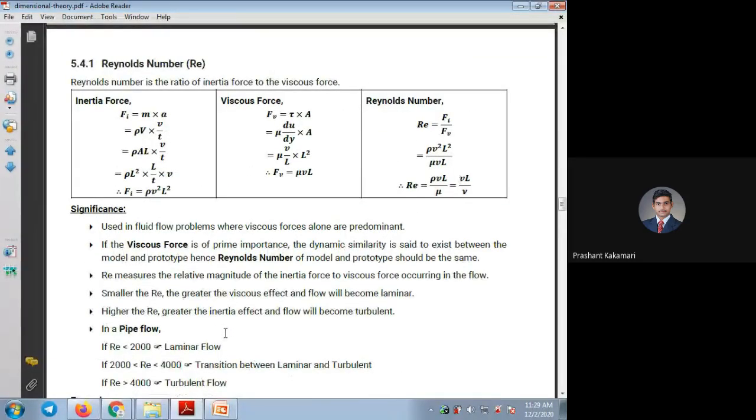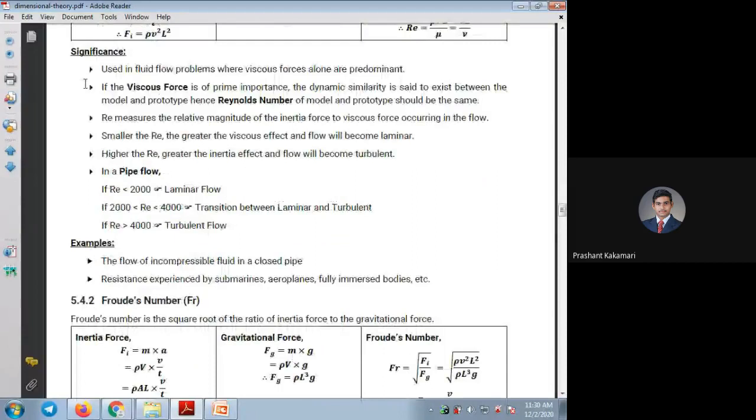So later we need to remember the Reynolds number definition. Definition means what the ratio is, what its importance is, and what its applications are.